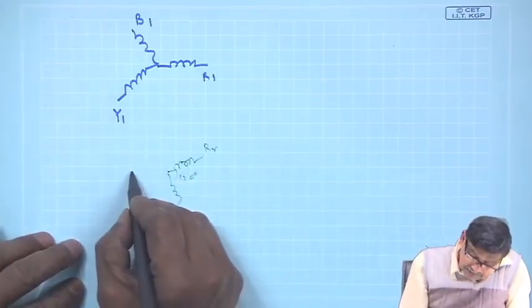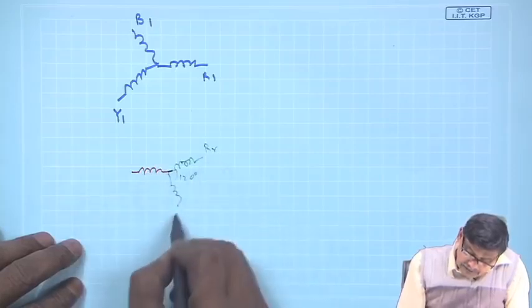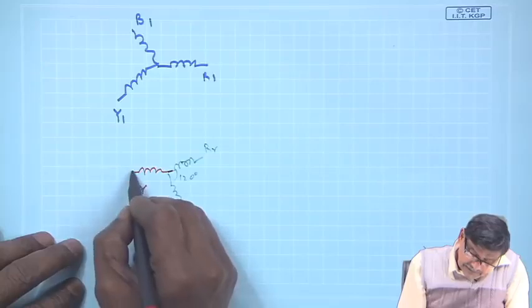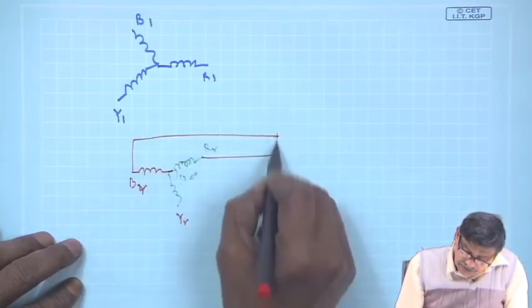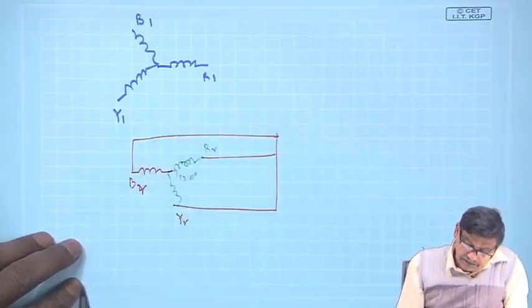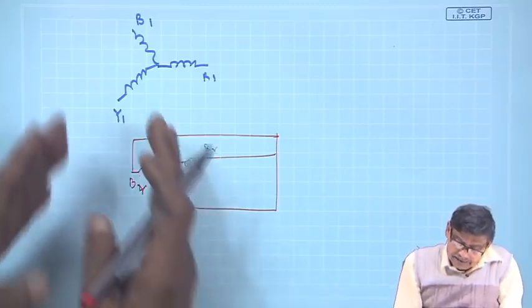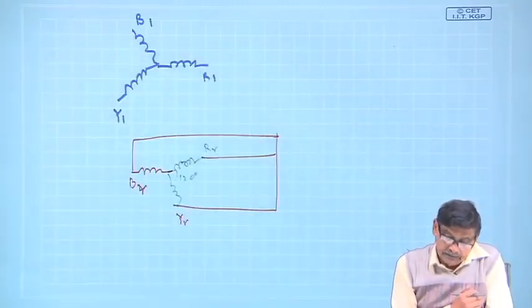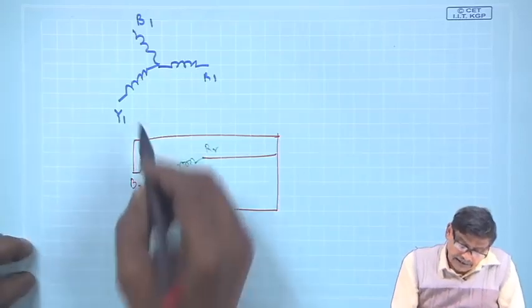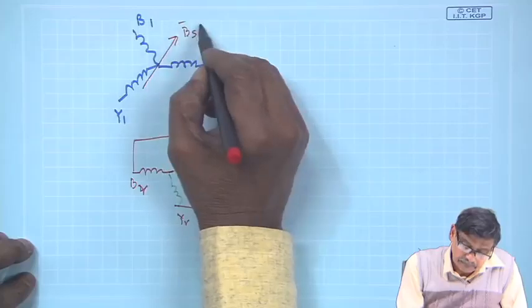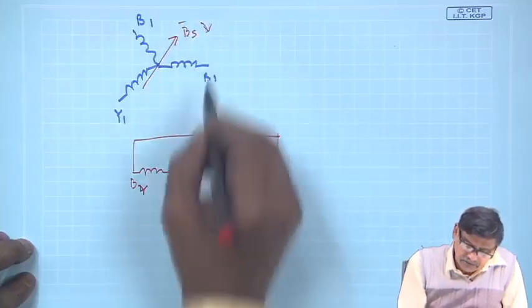These I have kept short circuited, and rotor current is flowing. Now, it is moving in this direction. There is some Bs moving when there was no rotor current.